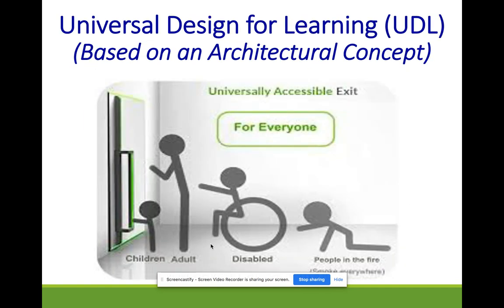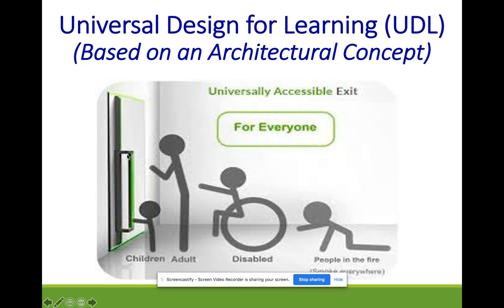All right. So what we're moving into now is a concept called universal design for learning, otherwise known as UDL. And it's actually not an educational idea to begin with. It's an architectural concept.